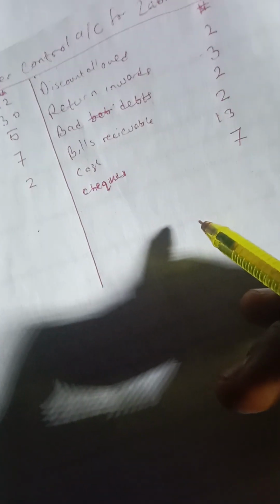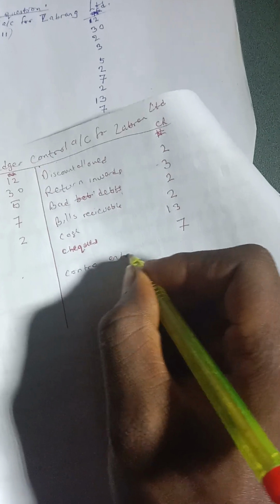So 2 naira will cancel 3 naira, remaining 1 naira. And then it has been credited here in your debtors control account. The opposing debit entry will be in your creditors control account, and a creditor has a credit balance. So debiting is to reduce how much you owe. When you debit 2 and credit 2, that means he is not owing you 2 again. You are owing him 1. So that's how it is. So we move on. Contra entry.